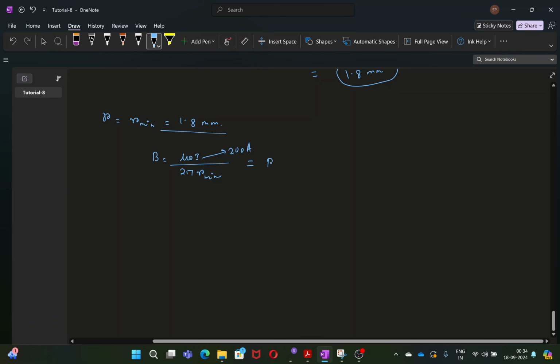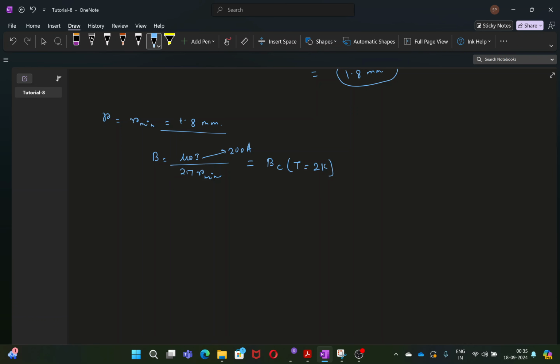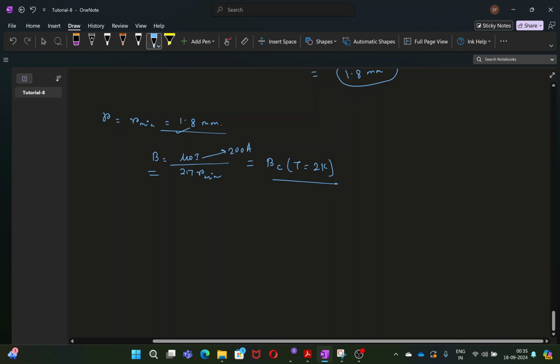Then this field gives you the critical field at T equal to 2 Kelvin. So the current of 200 ampere in a minimum radius of the wire of 1.8 mm will produce a magnetic flux density that is the same as the critical flux density of the material at that same temperature of 2 Kelvin.